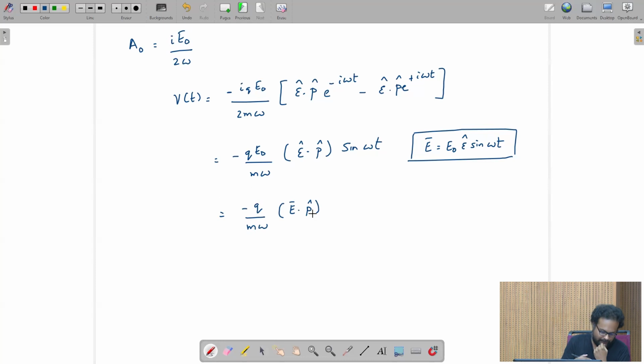Again, for a collection of particles, you just need to write out a summation. Let's write it down for a collection of particles: V of t, summed over j.